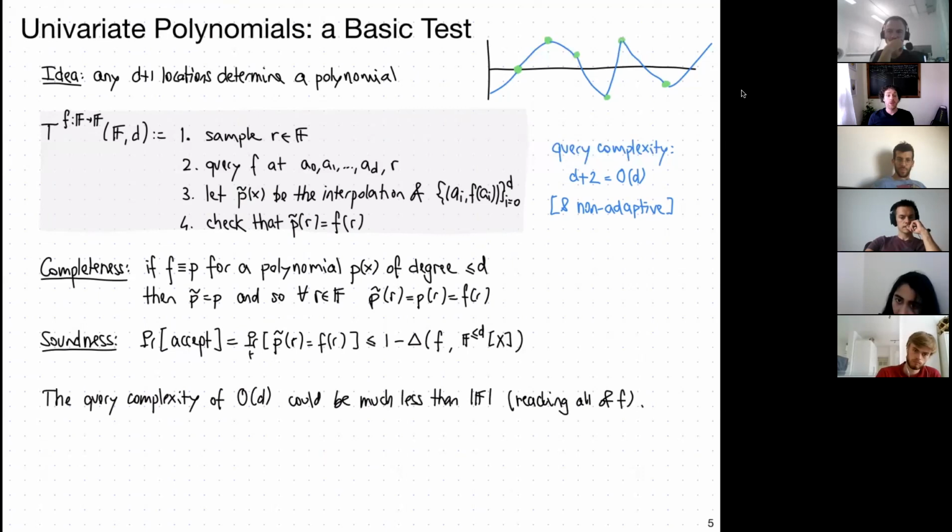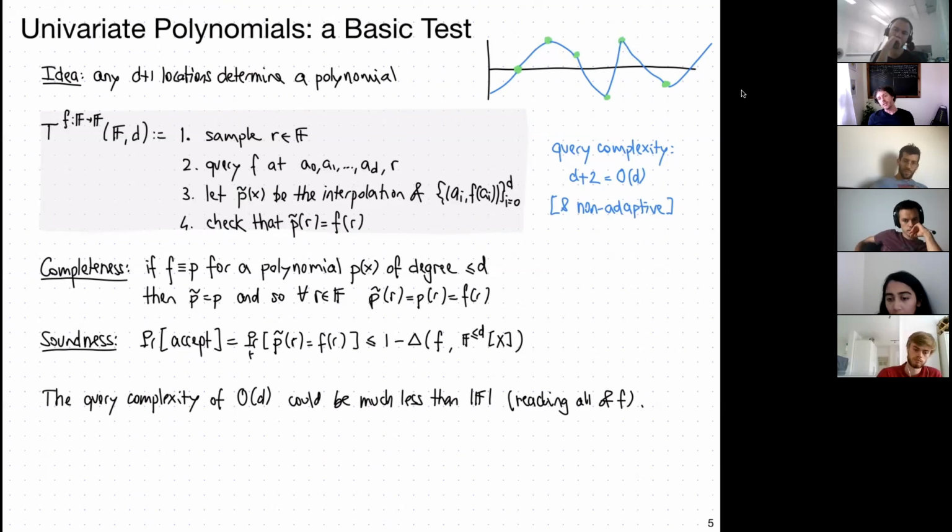And we're getting this query complexity of O(D) points. And you can ask, is that interesting? So if the finite field F is huge, then this is very local, right? Because in some sense, this D points is just a small fraction of F, and then we're saving something.